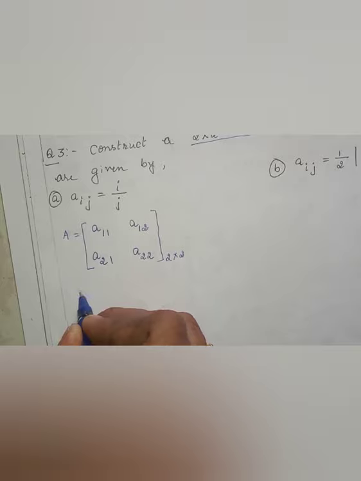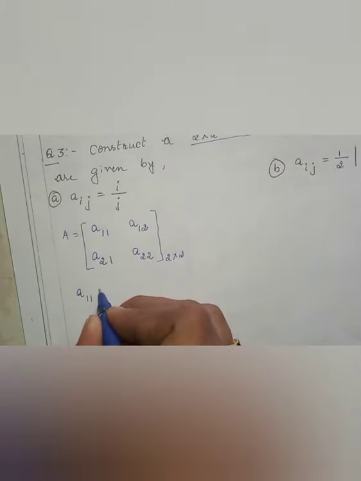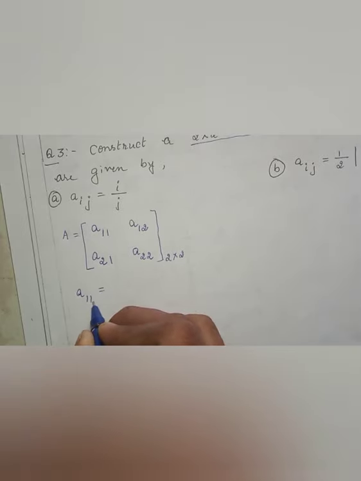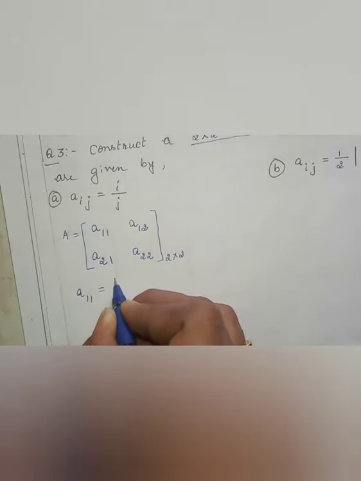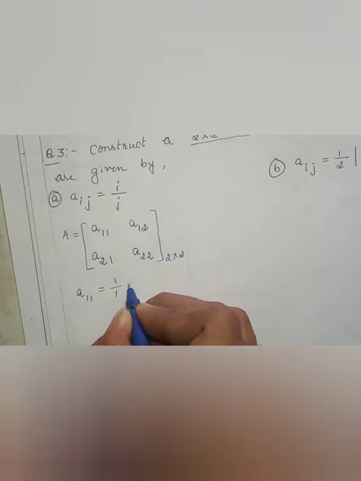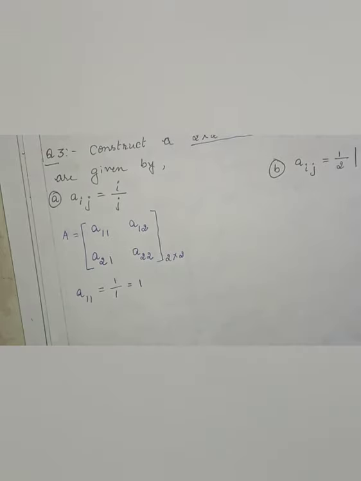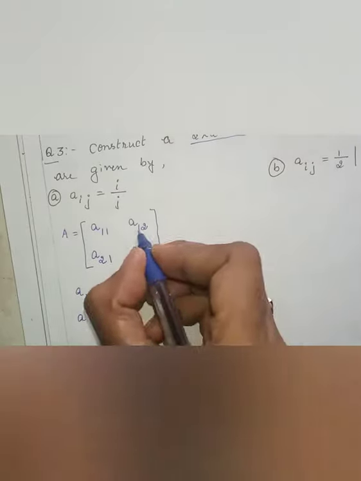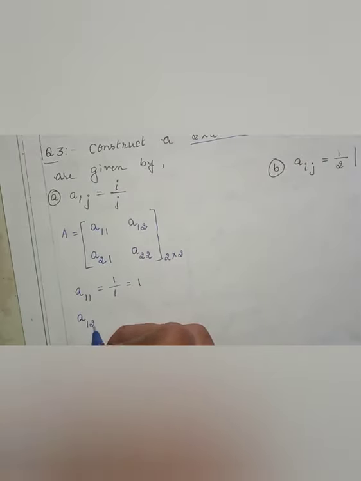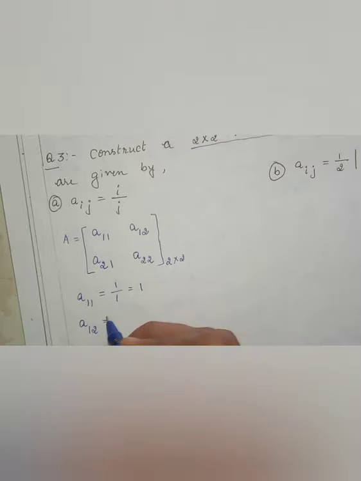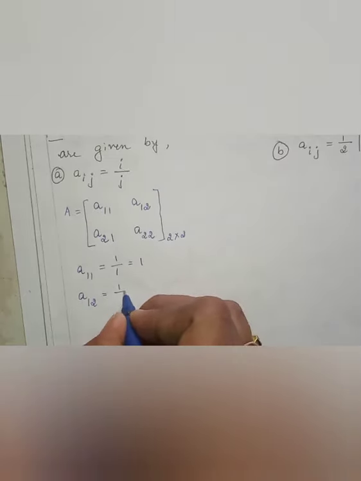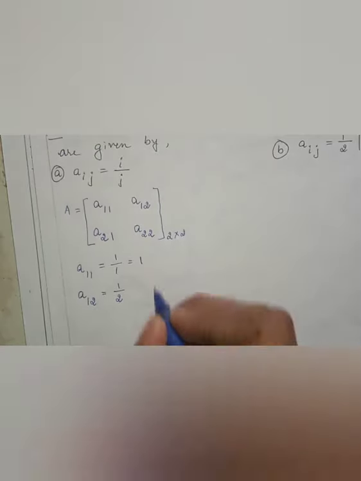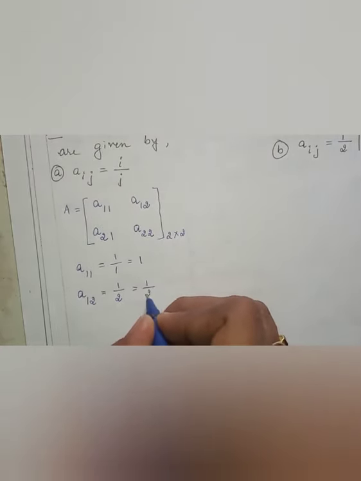So now let's calculate the particular elements. A11: i is 1, j is 1, 1 divided by 1, the answer is 1. Okay, next I'll find the next element A12. I is 1, j is 2. So this is 1 by 2.